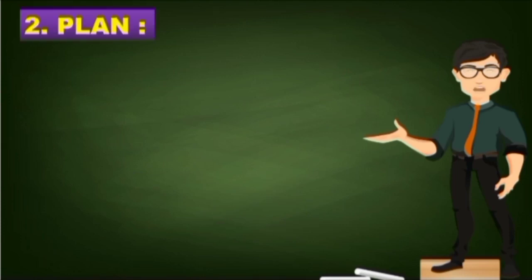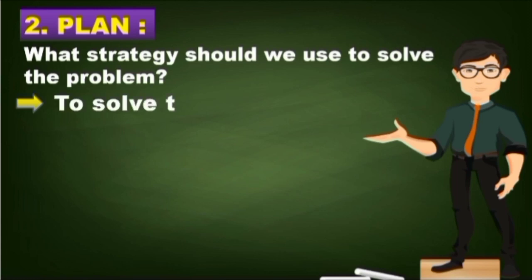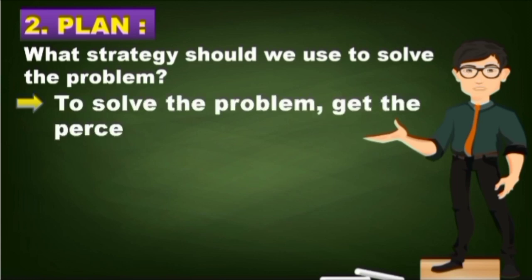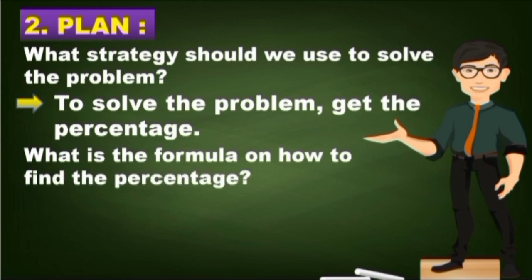The next one is plan. What strategy should we use to solve the problem? The answer: to solve the problem, get the percentage. Right? What is the formula on how to find the percentage?